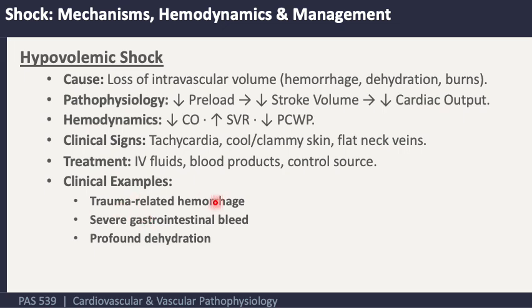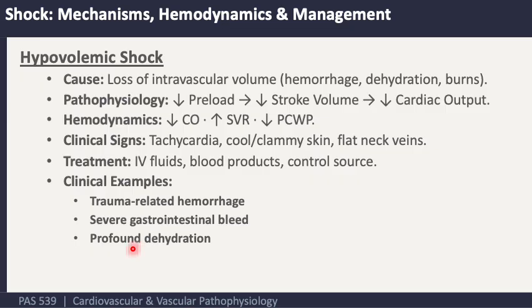Clinical examples include trauma-related hemorrhage, like someone in a MVA, who may have rapid blood loss that leads to decreased preload and hypotension. Another clinical example is a severe gastrointestinal bleed from like a duodenal ulcer that may have perforated.